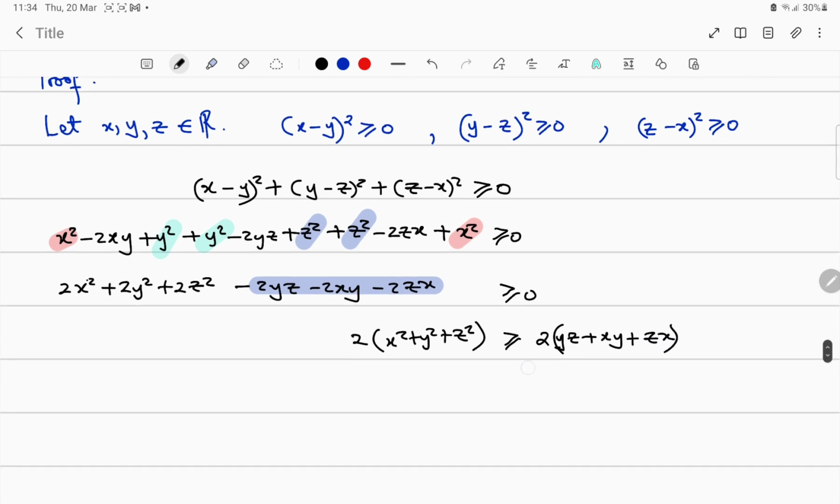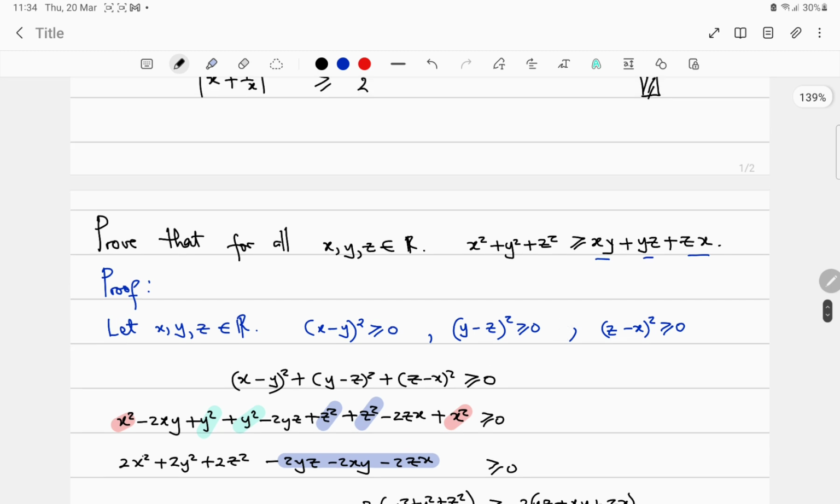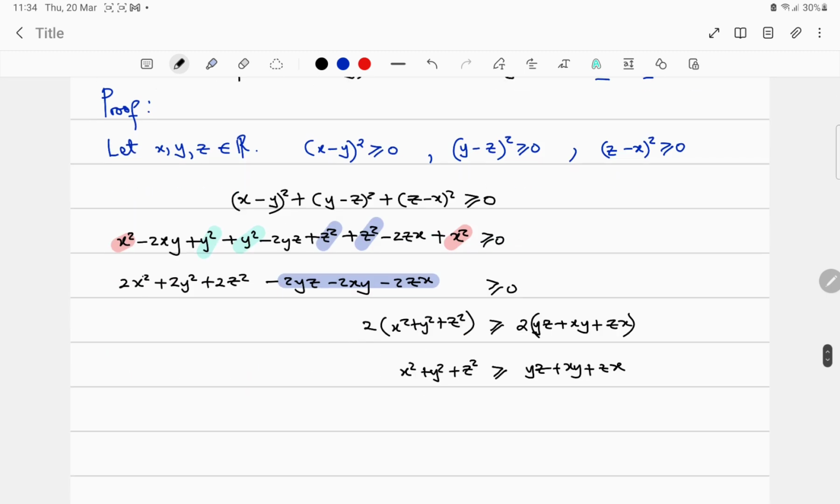And if we divide by 2 on both sides, we just get x squared plus y squared plus z squared is greater than or equal to yz plus xy plus zx, which is exactly what we wanted to prove. So the proof is complete.